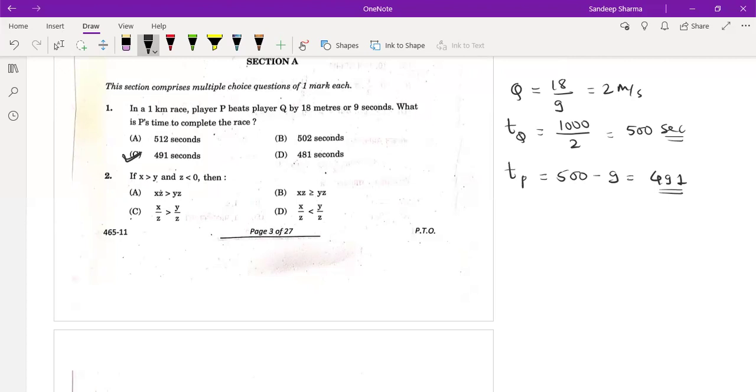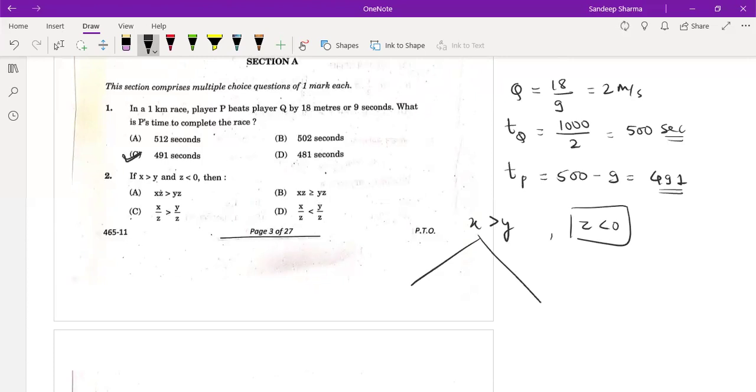Okay. Now question number 2. Question number 2 says that x is greater than y and z is less than 0. Now see, as the value is negative, whenever we multiply an inequality with a negative value, the sign changes. Same thing happens for division also.